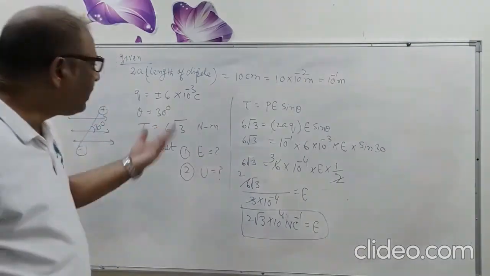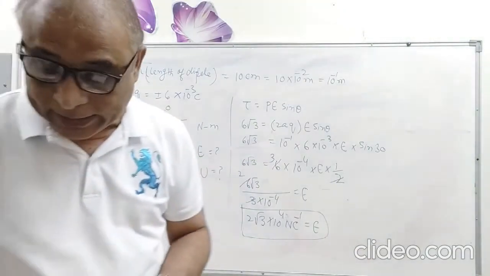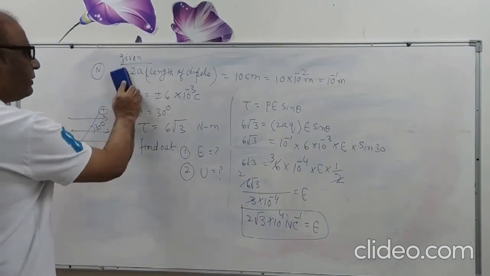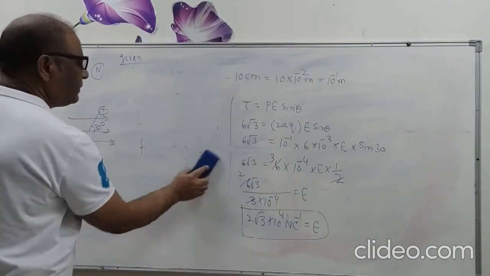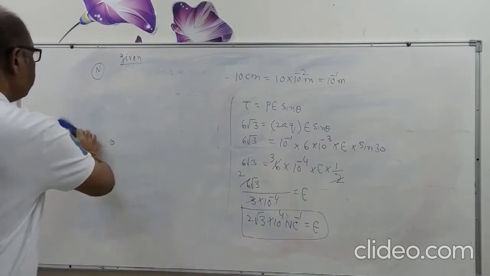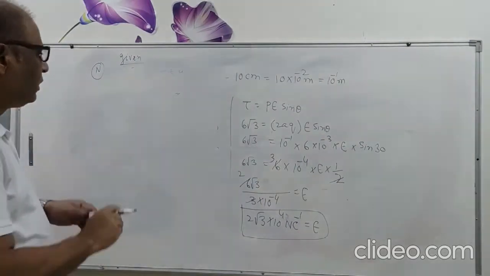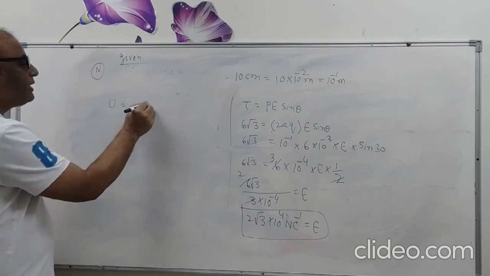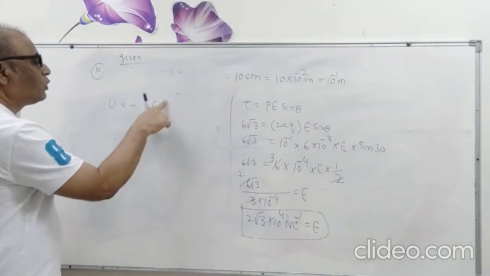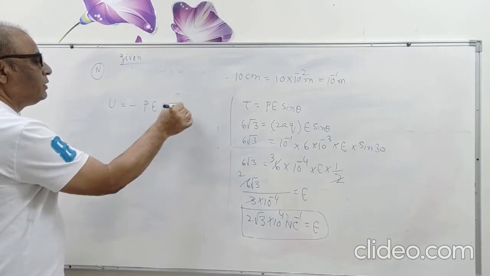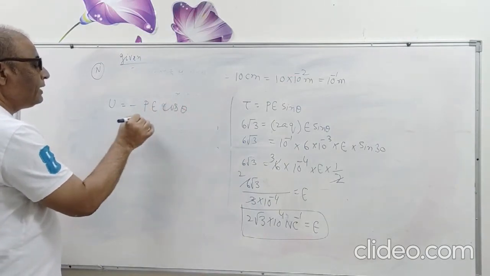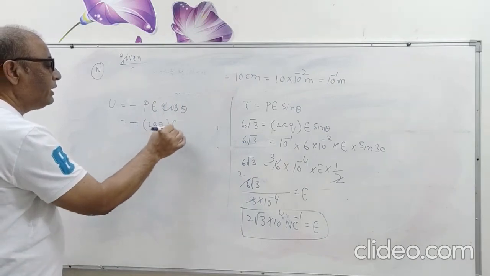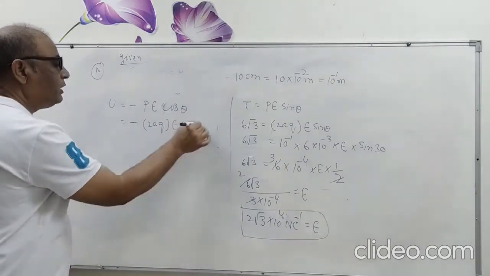Now we are going to find out the potential energy of the dipole. Potential energy U equals minus PE cos theta, which is minus 2AQE cos theta.